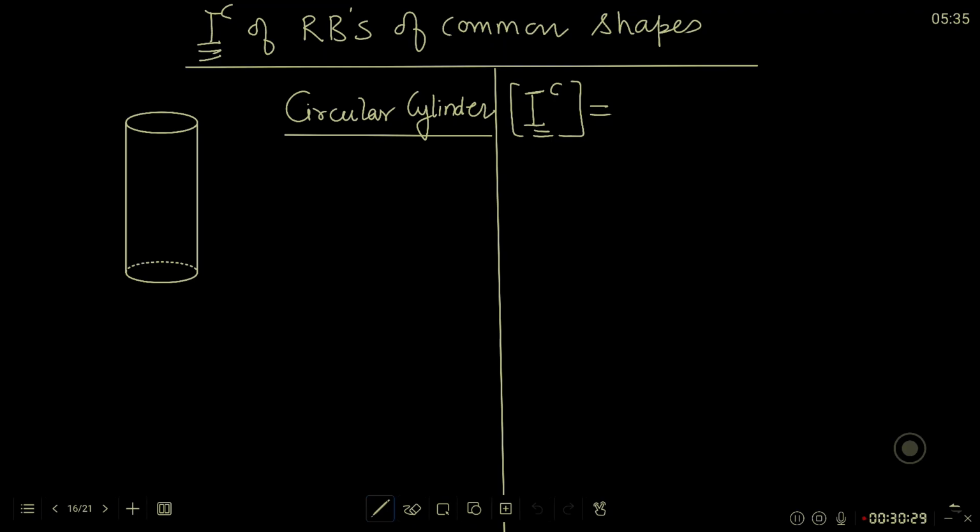However, the process, as I explained, is crucial to be understood properly, and the hope is that if you understand the process clearly, even if you come across some complicated shapes, you will be able to find the inertia components by integration. Alright, so let's find.